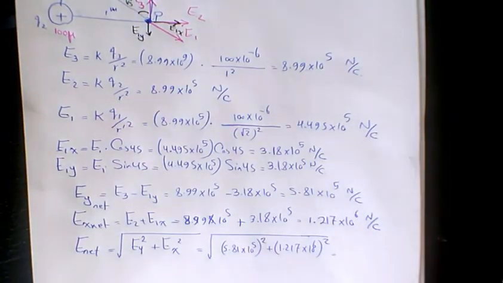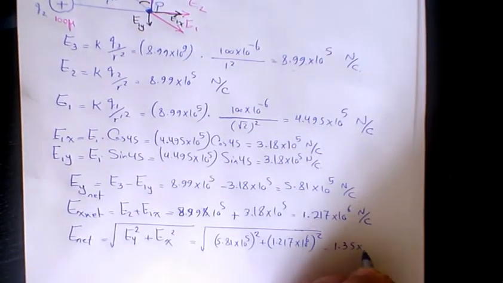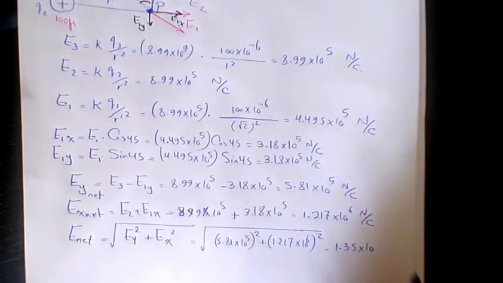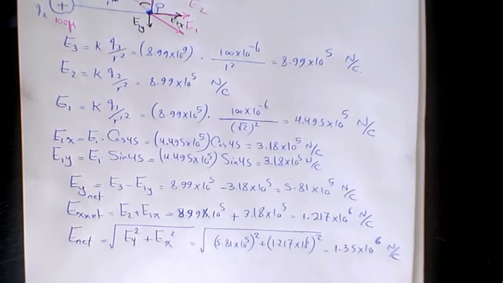That is going to give me 1.35 times 10 to the power of 6 newton per coulomb. And what is going to be the angle?